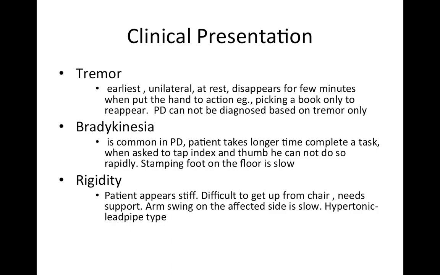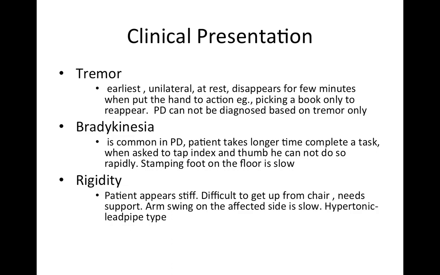That means when you ask the patient to pick up a book, for example, he picks up the book, the tremor disappears. Once he keeps the book away, leaves the book, and keeps the hand at rest, the tremor reappears. This is the characteristic feature of Parkinson disease. But as such, based on tremor, you cannot make a diagnosis of Parkinson disease.